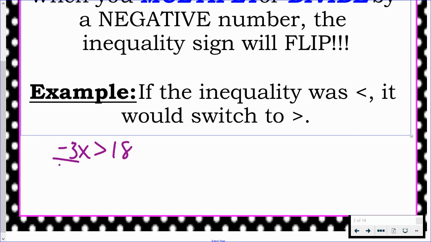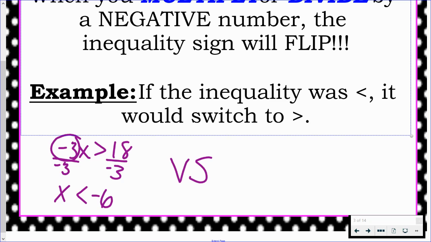When I divide negative 3 to both sides, this is an example of the special case because the number attached to the variable is negative. So I'm going to flip the inequality and it's going to be x is less than negative 6.